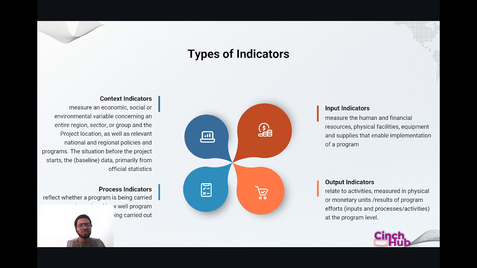The context indicator will enable you to say, okay, there are out of school children in this location, and the reason we have this number of out of school children is because of the economic situation of their parents or the economic situation in that location. And these are the core economic situations: they are farmers, they don't pay attention to education, and so on.